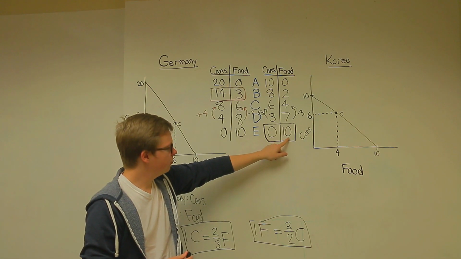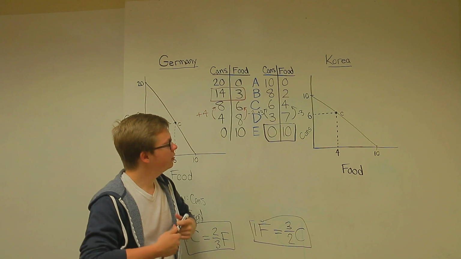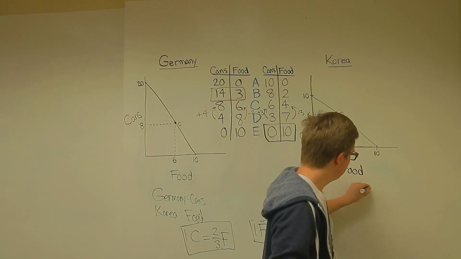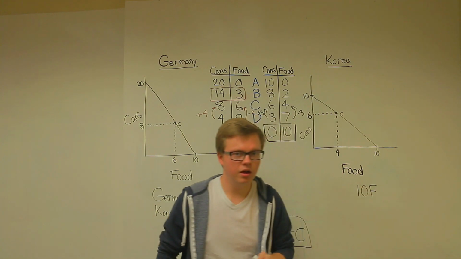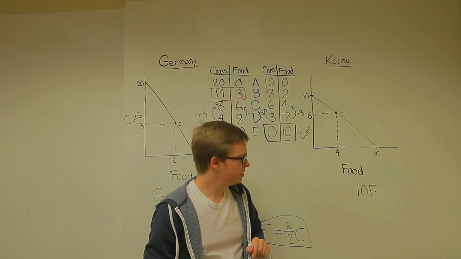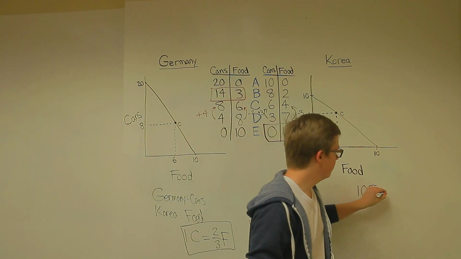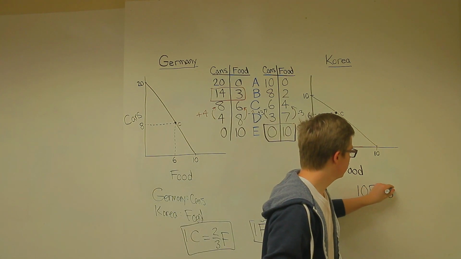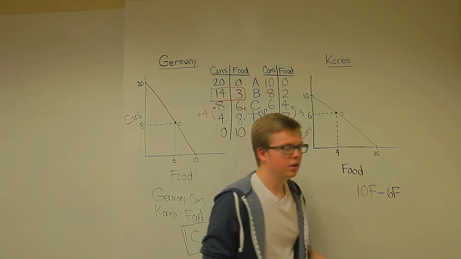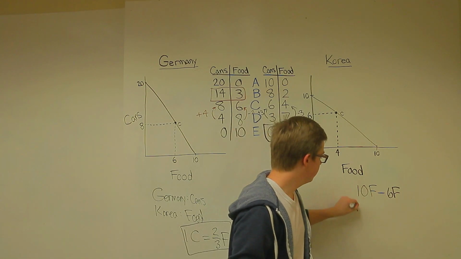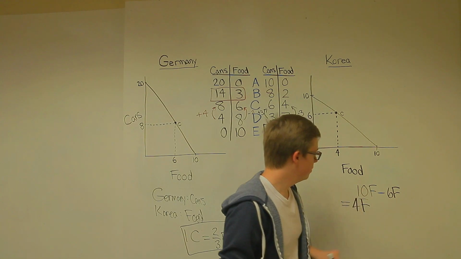So we have Korea producing 10 units of food. And I'm going to say that they will trade with Germany and get rid of 6 units of food. So in the end, Korea has 4 units of food.